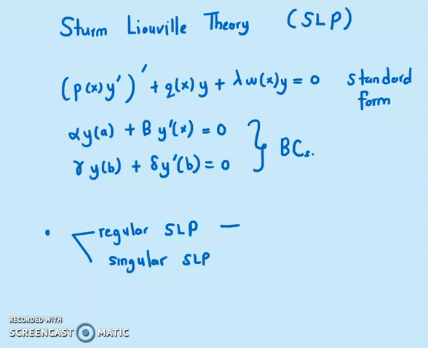The regular SLP is defined on the interval [a, b]. Okay, we call it finite. Now, for the singular, the interval can be semi-infinite or infinite region. Okay, this is a singular SLP.